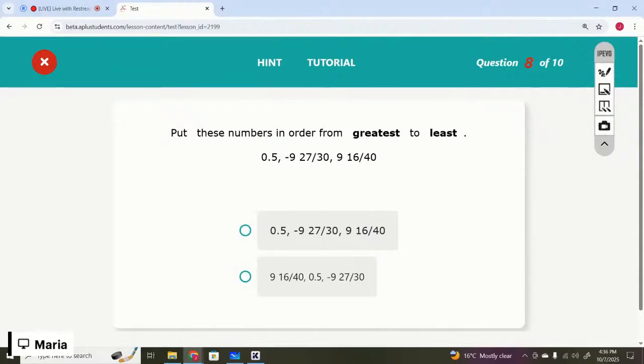Put these numbers in order from greatest to least. Option number 2 is the correct option.